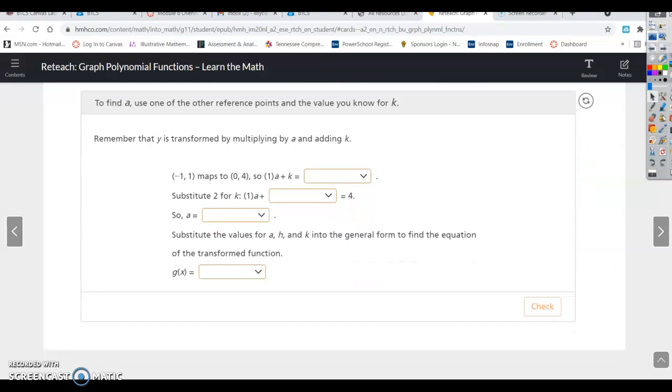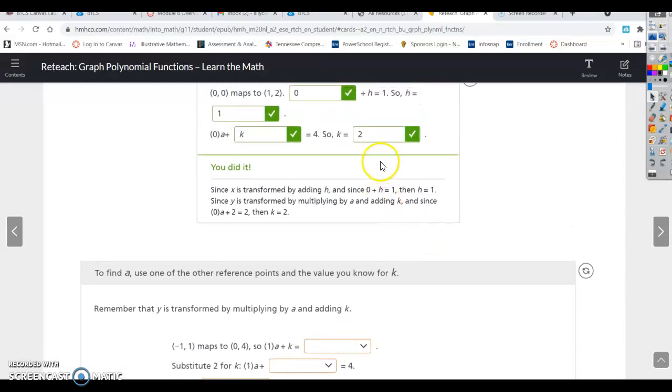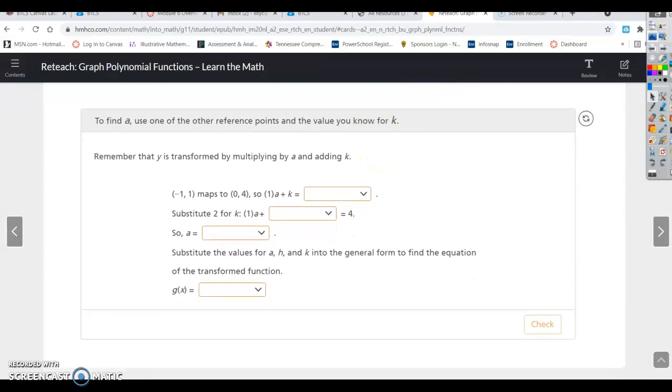All right, to find a, use one of the other reference points and the value you know for k. We just found k equals 2. So they want us to use that information here. Remember that y is transformed by multiplying by a and adding k. So (-1, 1) maps to (0, 4). So 1 times a plus k equals 4.